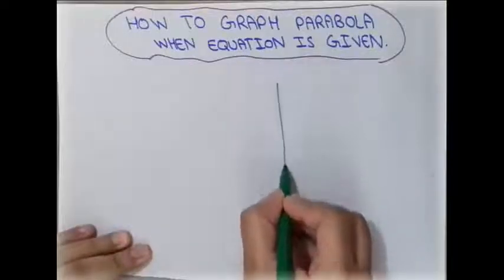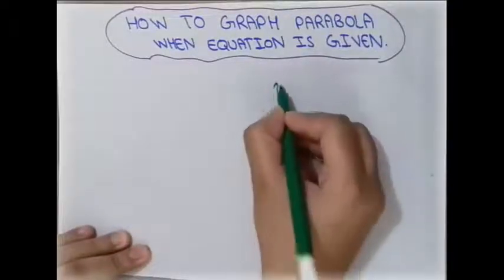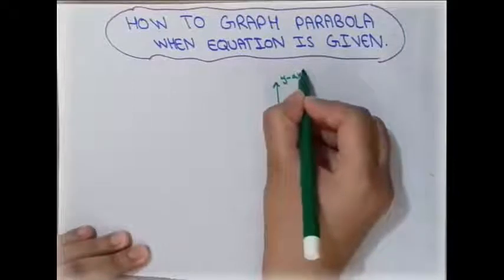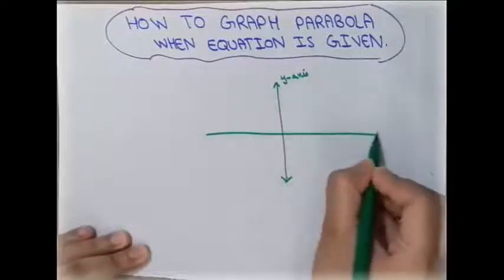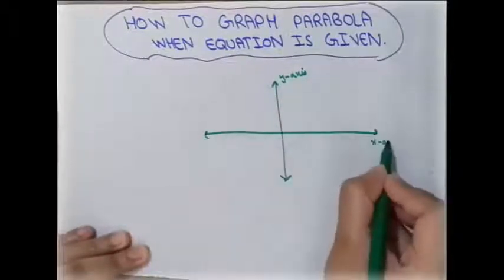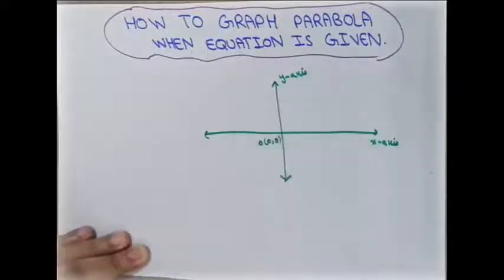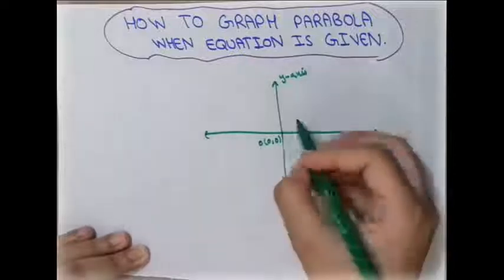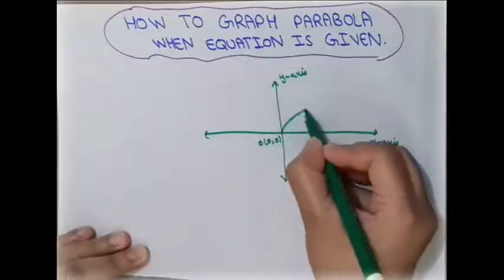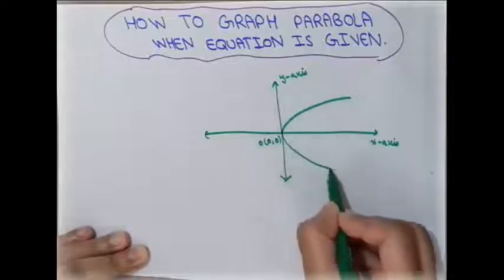If I have an x-axis and a y-axis, this is the y-axis and this is the x-axis, and here is our origin point, which is (0, 0), the vertex, and we have to plot a parabola. What is a parabola?